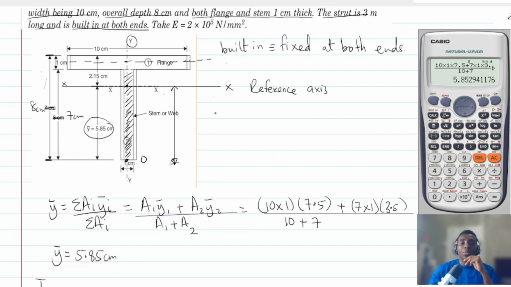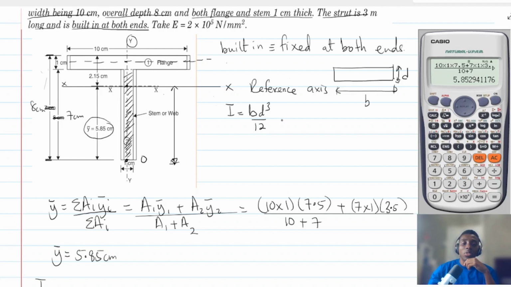But what do we know? We know that if I have a rectangular cross section, then the area moment of inertia is bd cubed over 12. Now b could be anything and d could be anything, but some textbooks would say the width and then the thickness. Essentially, if I have this, then b is this side and d is this side.